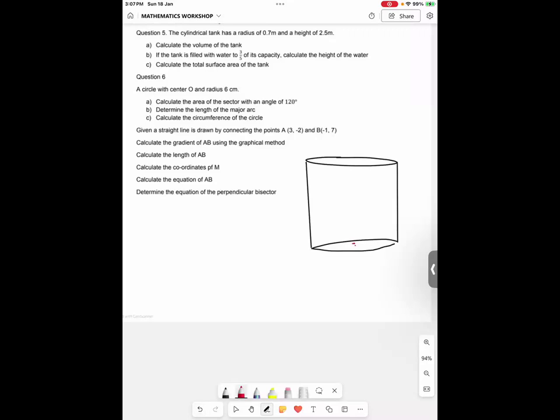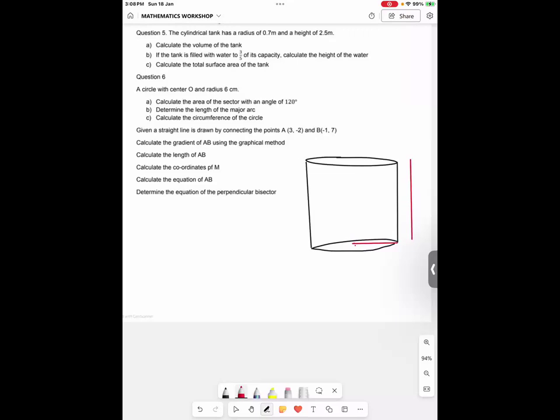From here in the center to here, that's my radius, right? I'm thinking that everybody here would have seen me draw this diagram in our regular tutorial classes, right? So that's my radius.